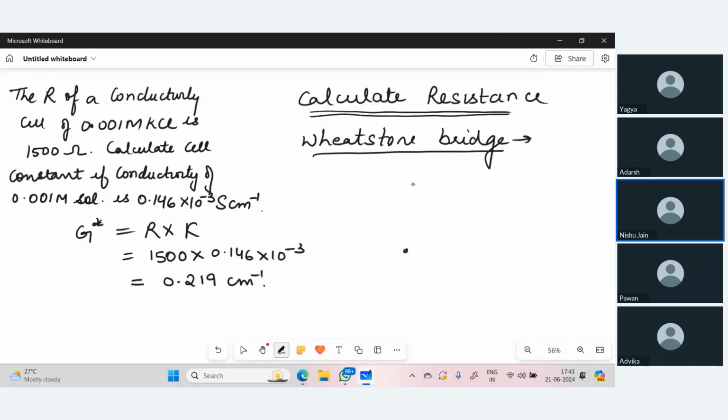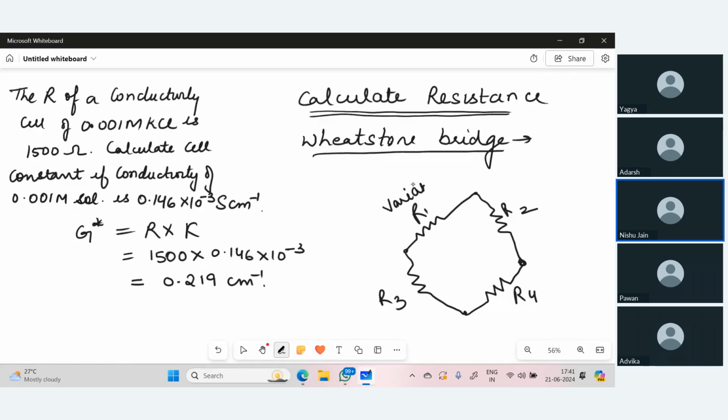In this, you have four resistances connected like this. This is resistance 1, this is resistance 2, this is resistance 3, and this is resistance 4. R1 is a variable resistance which we can change with the rheostat, and R2 is the unknown resistance.